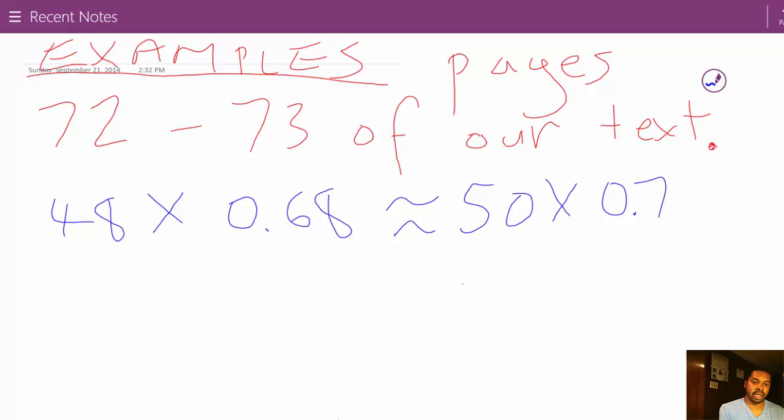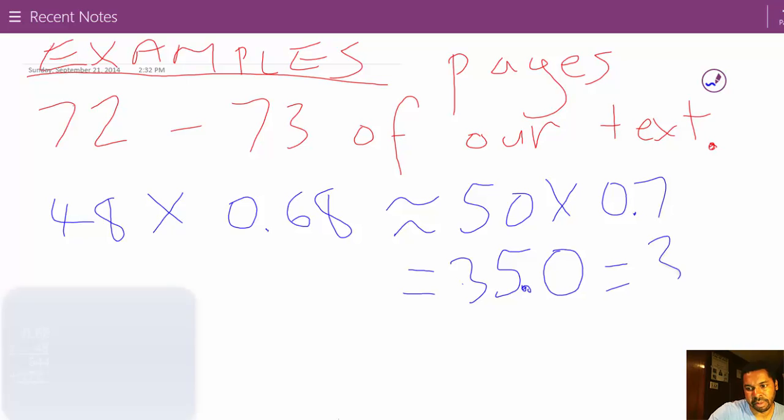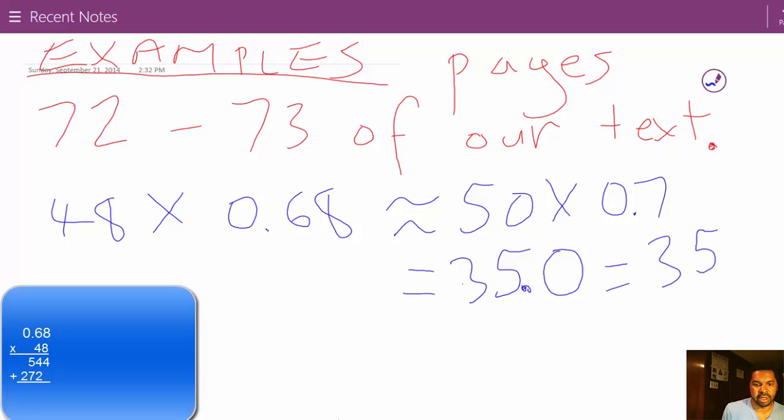Again, 48 times 68 hundredths is approximately 50 times 7 tenths. Well, we know that 50 times 7 is 350, and we have one decimal place, so that would become 35.0, which is 35. So that's an estimation.